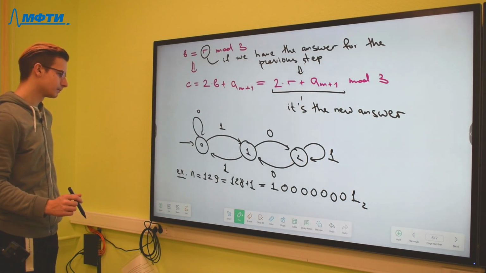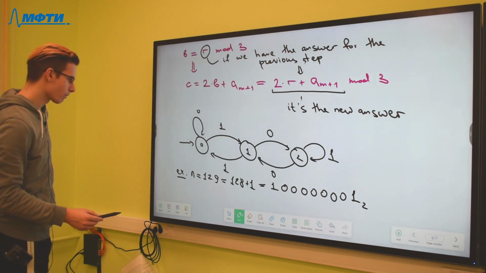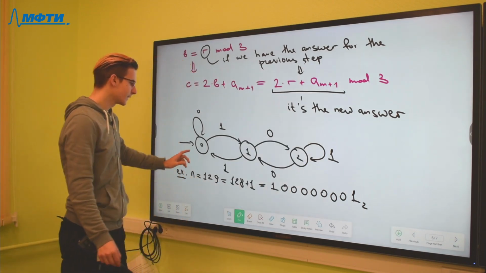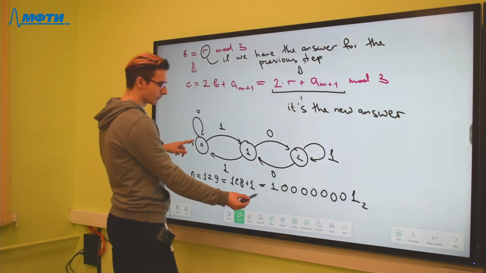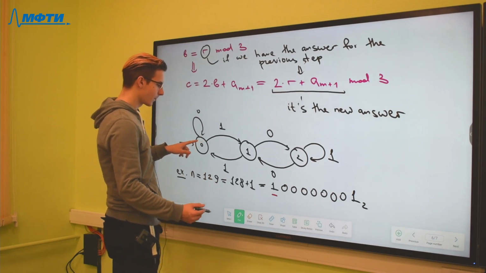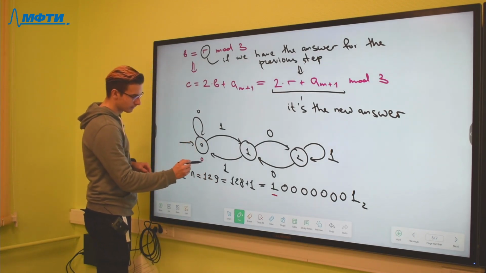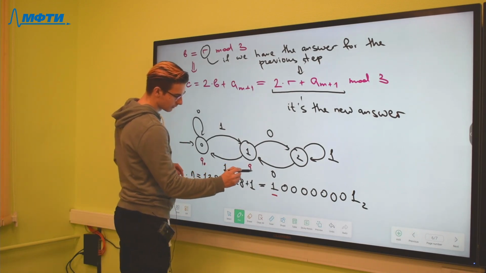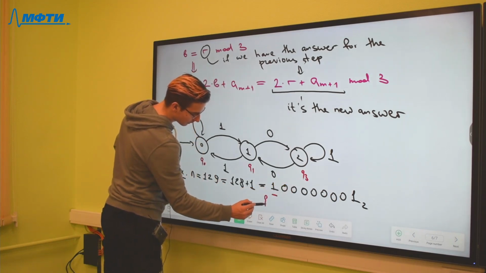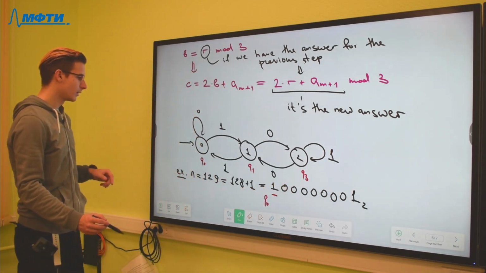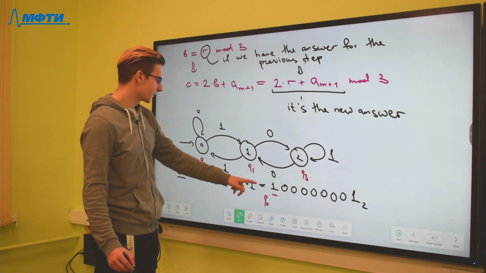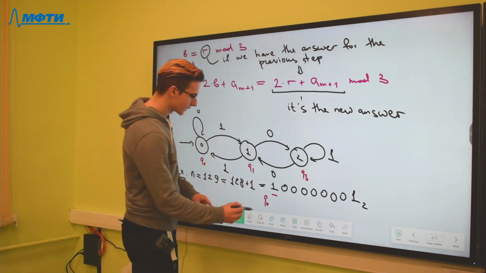We start with the 0, then we see 1. Here we were at this state, then we see 1 and we go to this state.